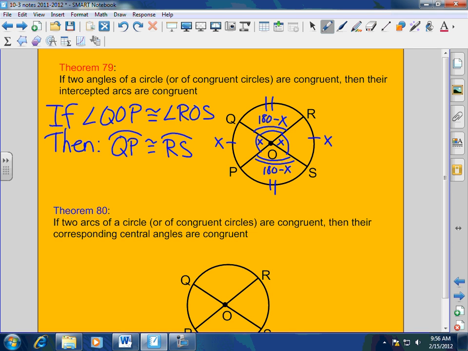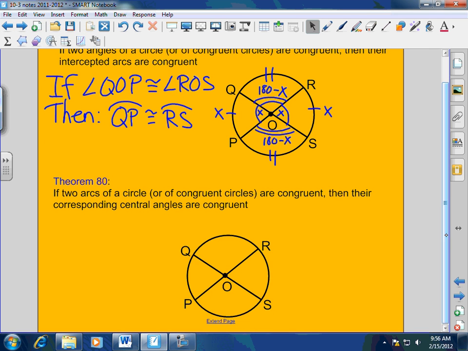Okay. And now, the converse. If two arcs of a circle are congruent, then their corresponding central angles are congruent. So in this case, it's the exact converse. If arc RS is congruent to arc QP, then angle ROS is congruent to angle QOP.